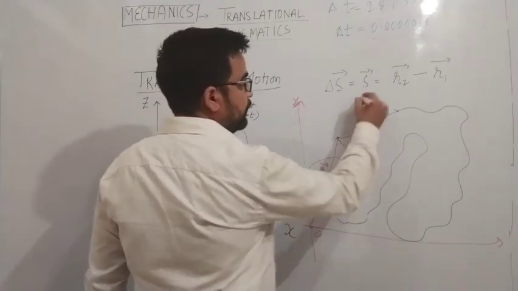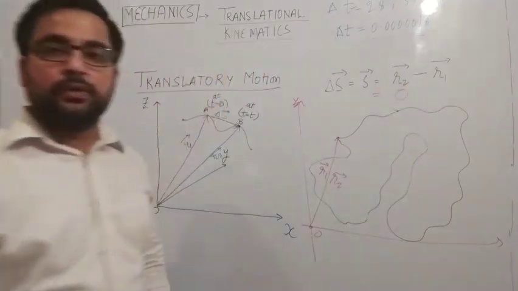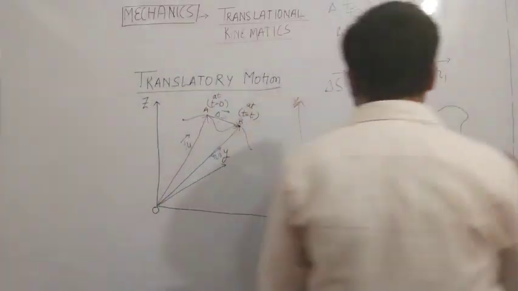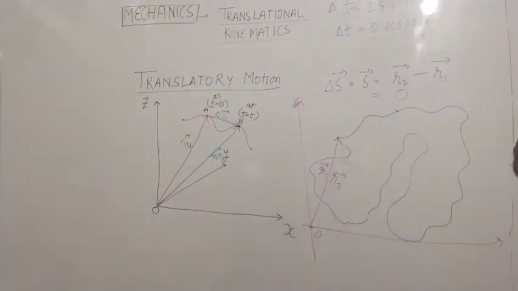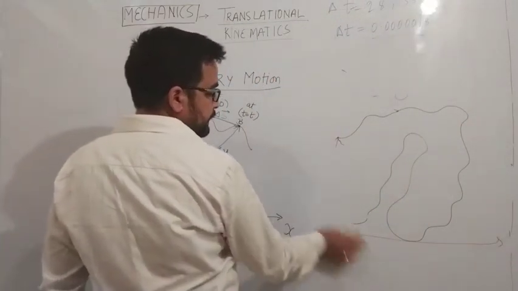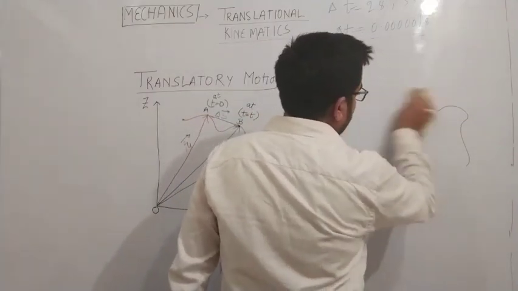So again R2 minus R1 will be 0, right? That's why when you are moving on a path and coming back to the same point, the displacement will be 0.